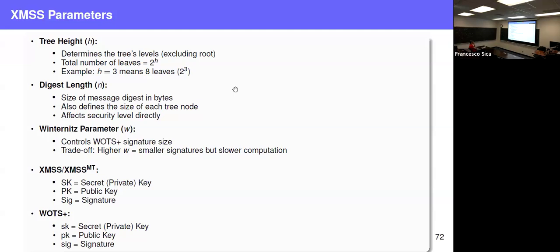Uppercase SK, PK, C represent the XMSS specification, while the lowercase SK, PK, C represent the WOTS specifications.